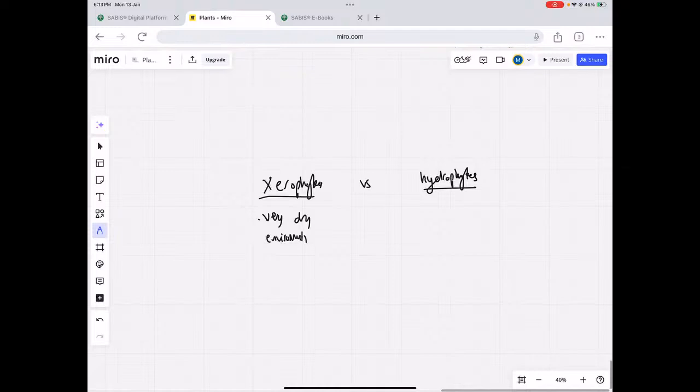Reduces, of course. Because we live in a very dry environment, I don't want to lose water. So do you think we will increase the number of stomata or decrease the number of stomata? Which one do you think it would be?